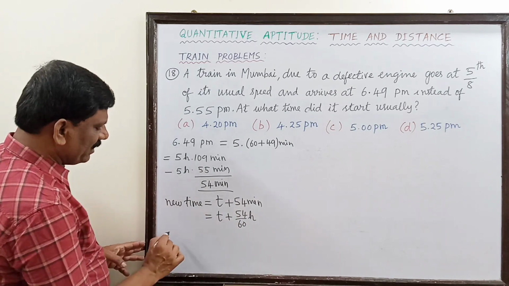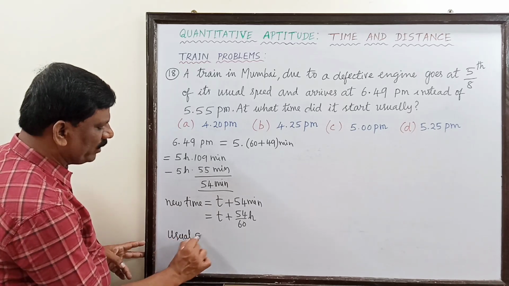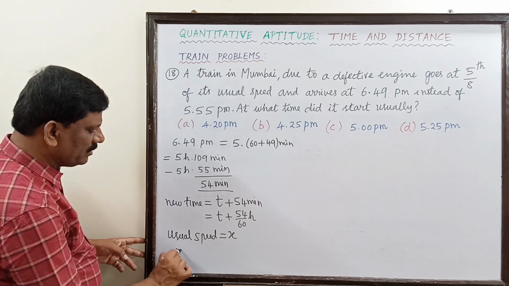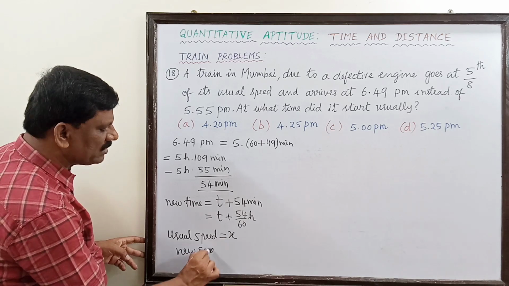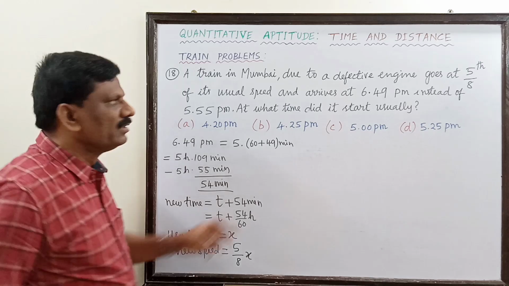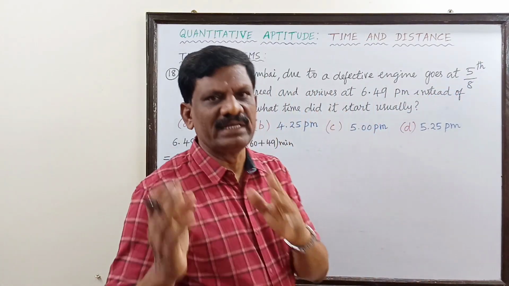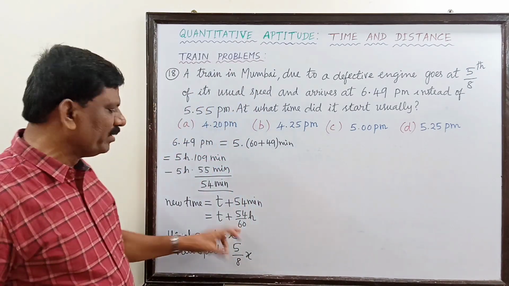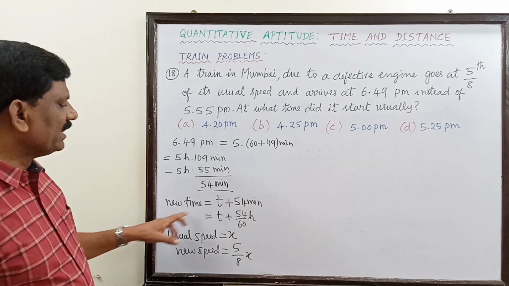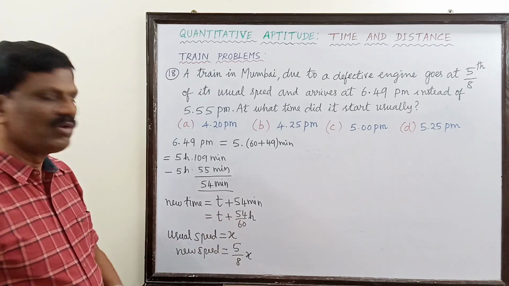Let the usual speed be x, and the new speed must be 5/8 of x. Due to the defective engine, it goes at 5/8 of its original speed. So the usual speed is x km/h, the new speed is 5/8 x, and if the original time is t, then the new time is t plus 54 by 60 hours.